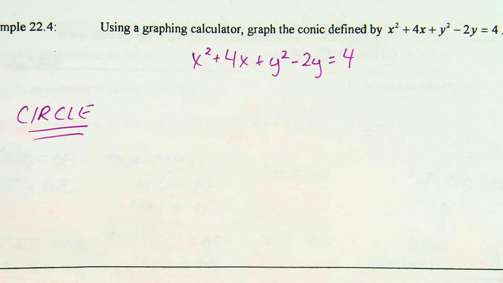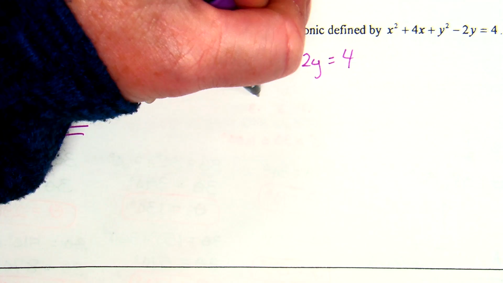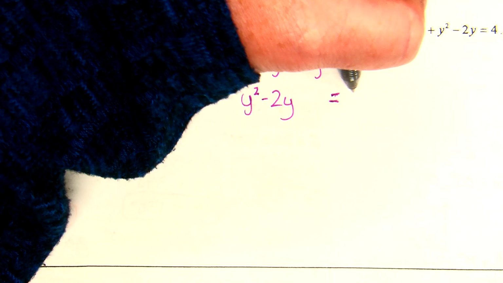So, okay, I'm going to keep my y squared and my minus 2y there. I'll leave a gap. On the right, I have a 4. I'm going to subtract over 4x, and I'm going to subtract over x squared.